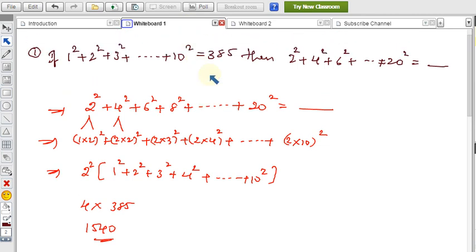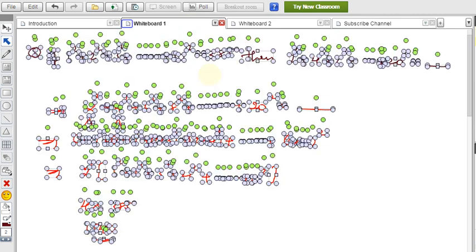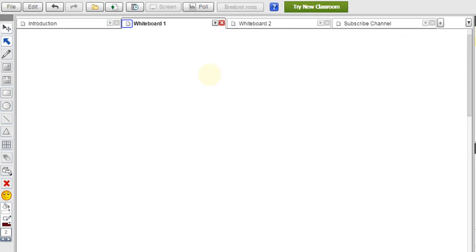Now we'll see prime factors, the number of prime factors.